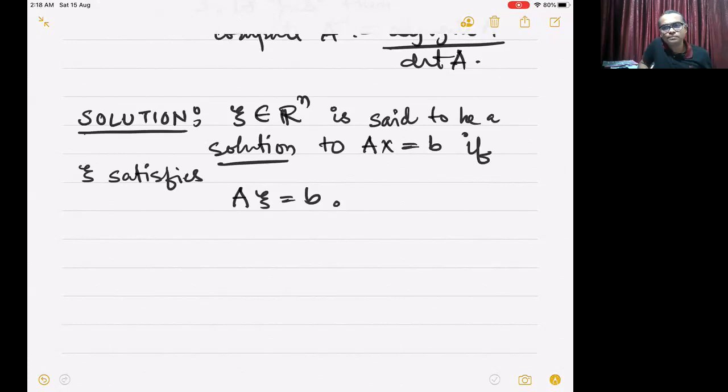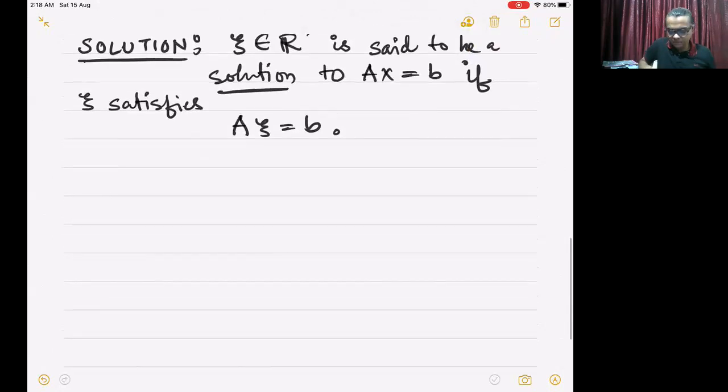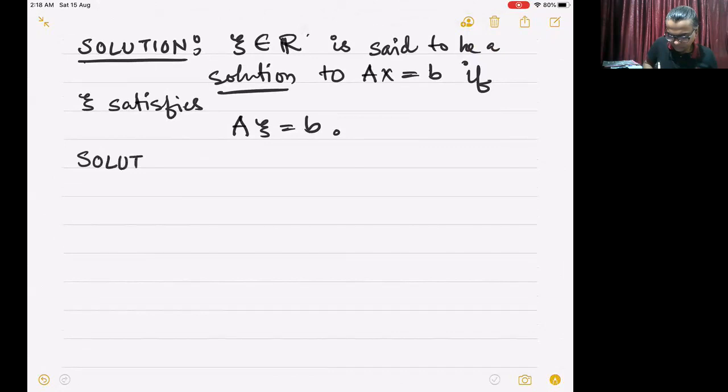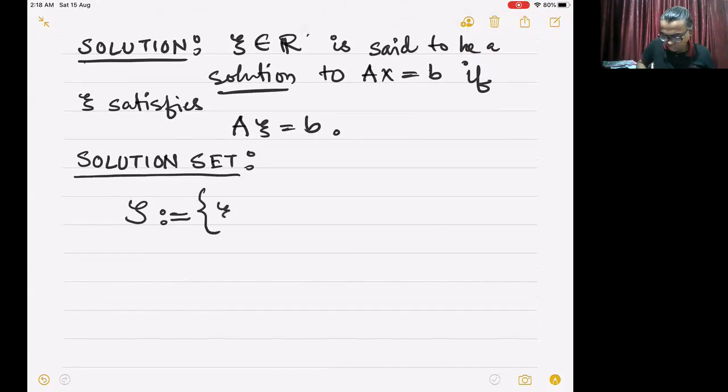Understandable. With that, one can also define the set of all solutions, which we call the solution set. What would be the solution set? Solution set S is defined as follows. It is the collection of all solutions in Rn. This is a typical description of a set.